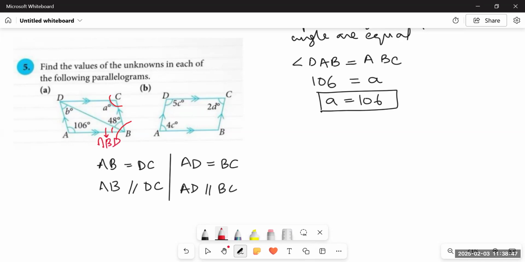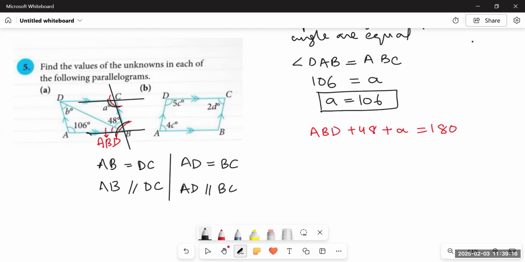So we can say that angle ABD plus 48 plus A is equal to 180 degrees. Why? Because these are the two parallel lines, DC and AB, and in between these two lines, if there are two angles or three angles or four angles, all would sum to 180 degrees.